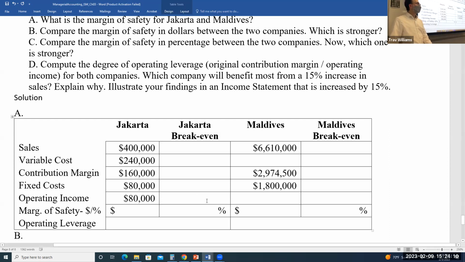So to figure out break even, we could start from zero, right? Because we know that your break even point is where you make zero profit and zero loss. Would their fixed costs be the same? They would. Which means their contribution margin at break even must also be 80,000.